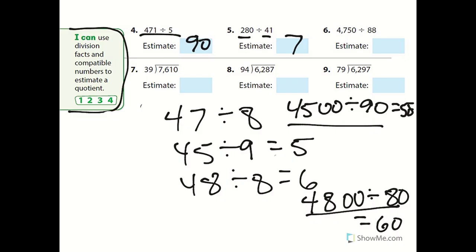So both of these are reasonable, but the 4,800 is closer. So if you were getting one that was closer to the actual number, I would say the 4,800 divided by 80, but then someone would say, well, but the 90 is closer to the 88. So see how both of them can be reasonable estimates? All right, so I like the 90 because I tend to focus on the divisor.